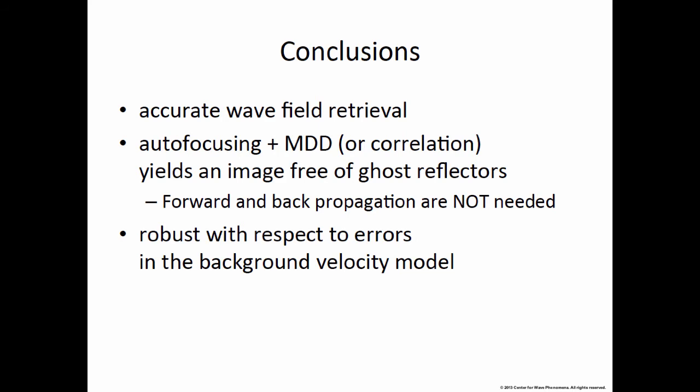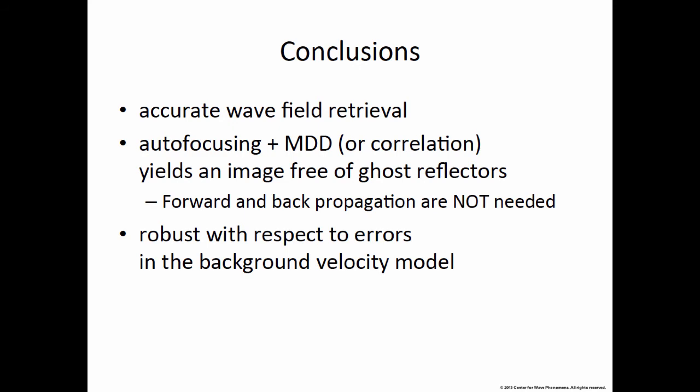To conclude, to summarize what we did, our methodology allows an accurate wavefield retrieval and then an up and down decomposition. Once we have these wavefields, we can build a better image free of ghost reflectors using either cross-correlation or multidimensional deconvolution.